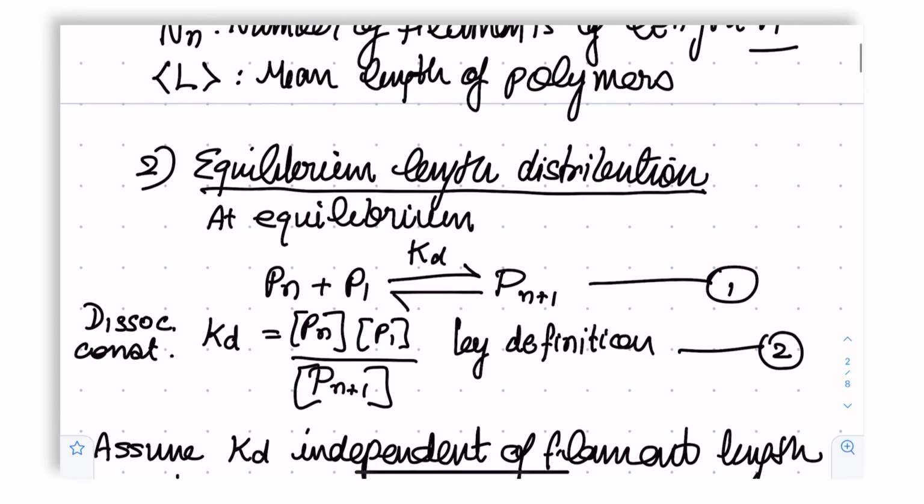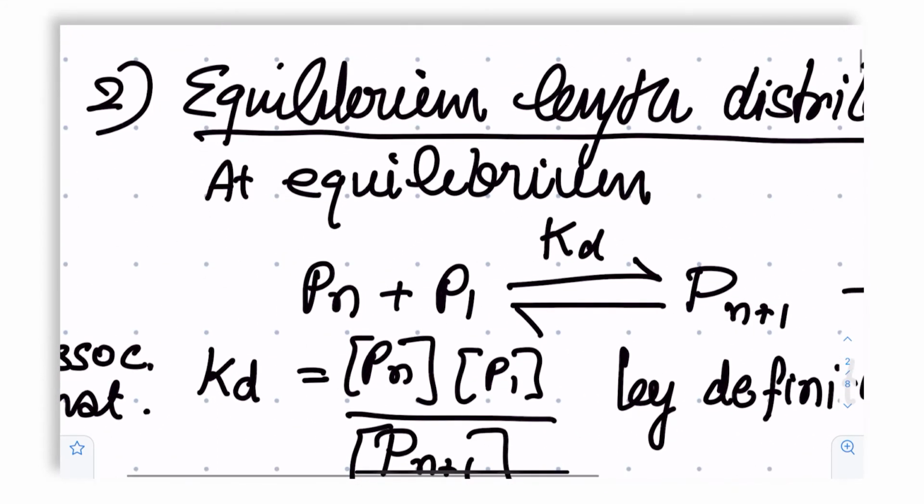So at equilibrium, we expect this reaction, that is to say, for an n-sized polymer, the addition of a monomer results in growth by 1 unit. This is n plus 1.